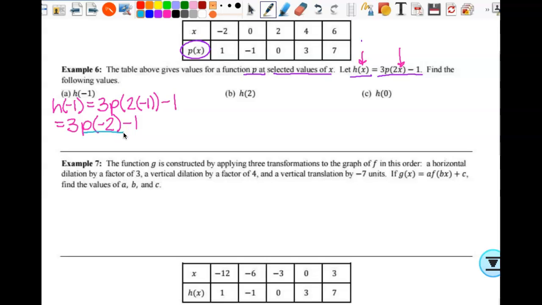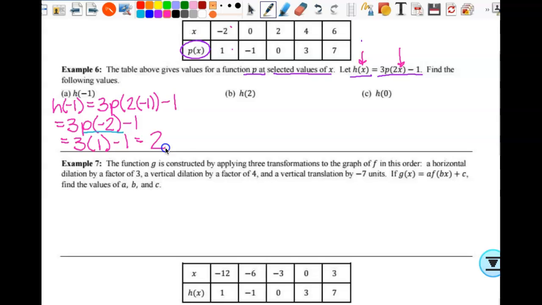It's a y value, right? Where could I find that value? Up here, right? In the table, here's negative 2, so p of negative 2 is 1. So this gives me 3 times 1 minus 1, which is going to give me 2. Make sense? We all good?